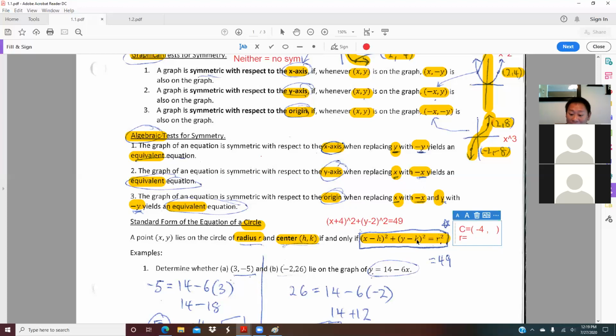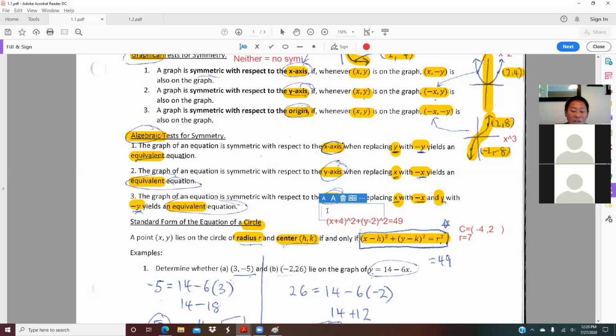And your k is negative in the formula, but it is negative here, so your k in this case is just 2. And for your radius, because the formula here is squared, you need to take the square root of 49, and the square root of 49 in this case is 7. So this is the correct answer: the center is (-4, 2) and the radius is 7.